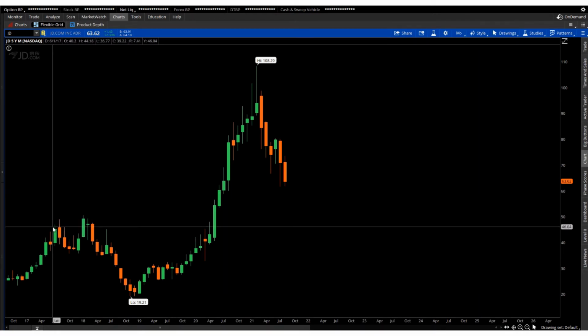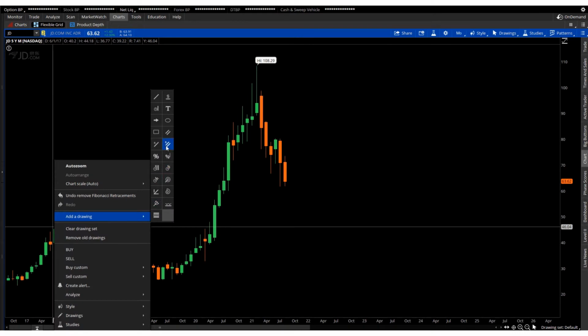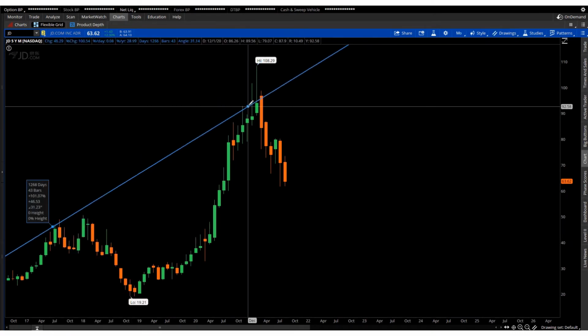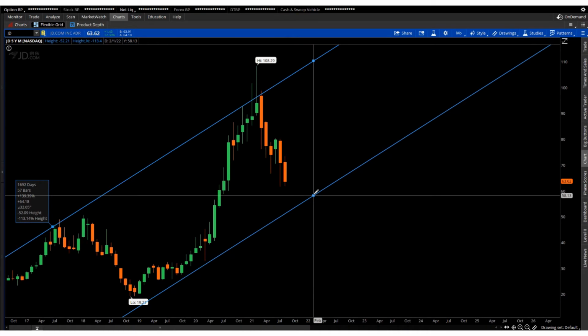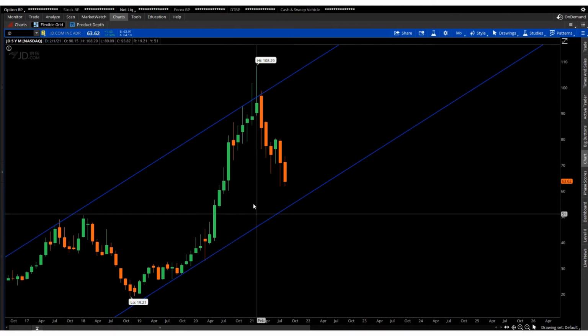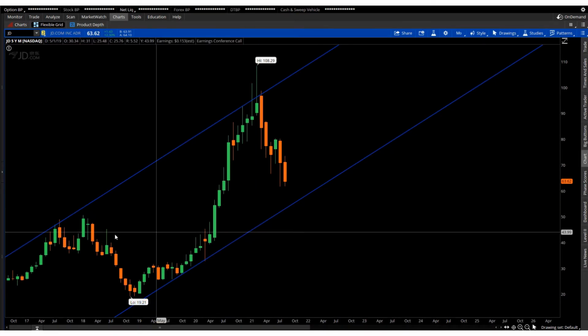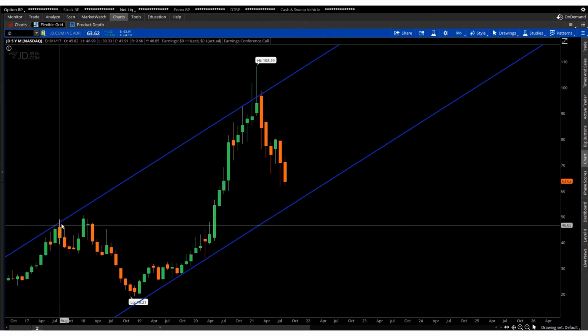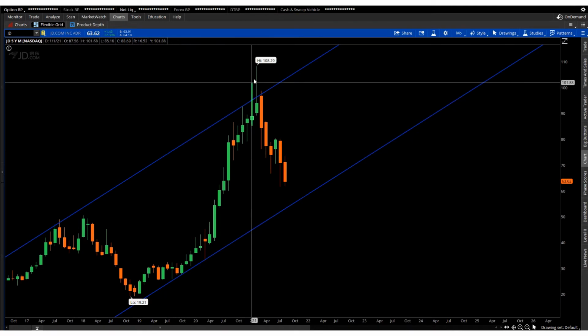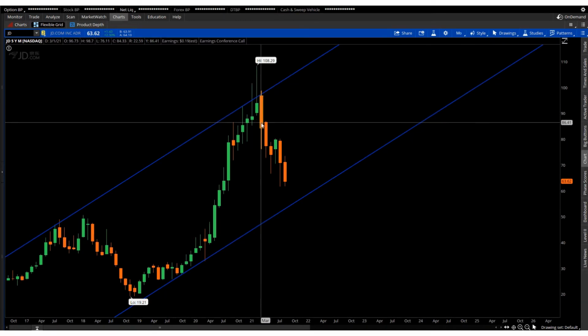So the two things that I did when I was assessing this security was that, on one hand, when I placed this upward channel, price has been respecting the upper band here and here, so price couldn't get above it, so price came back down.